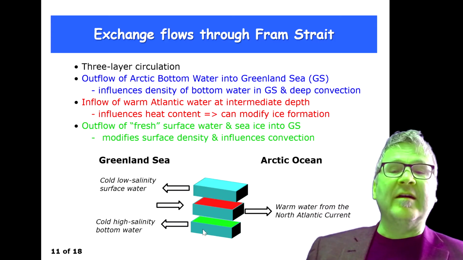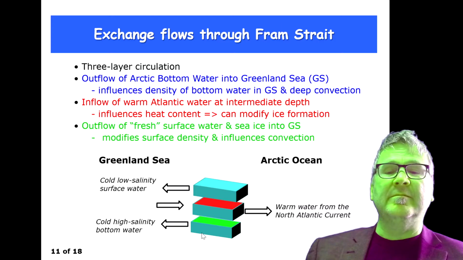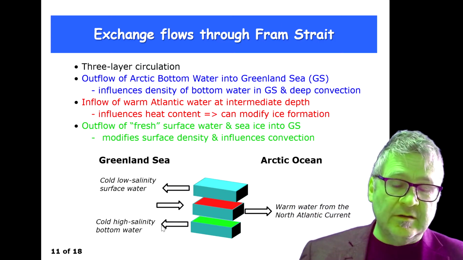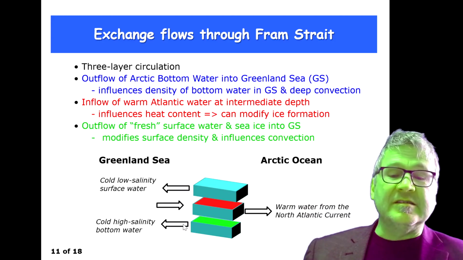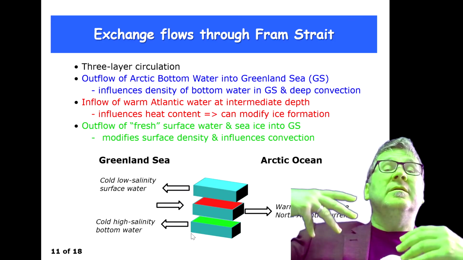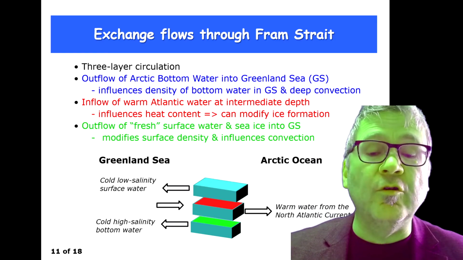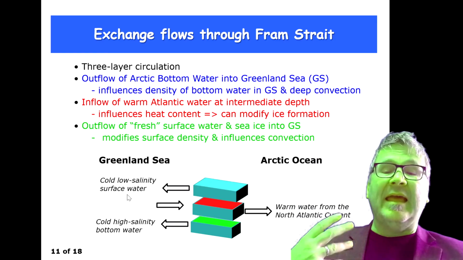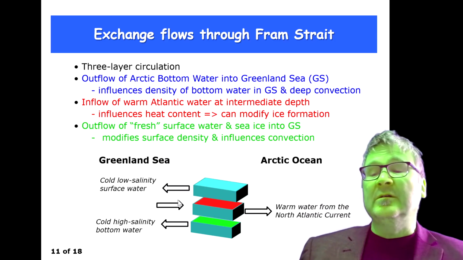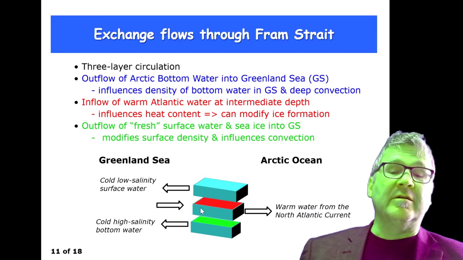This is the outflow of Arctic bottom water into the Greenland Sea, which influences the density of the deeper layers, essentially. And at the same time, you have an inflow of warm water from the North Atlantic, which goes into the Arctic.